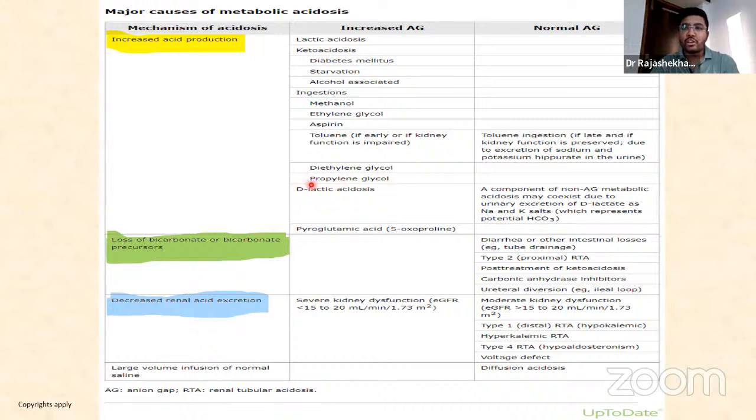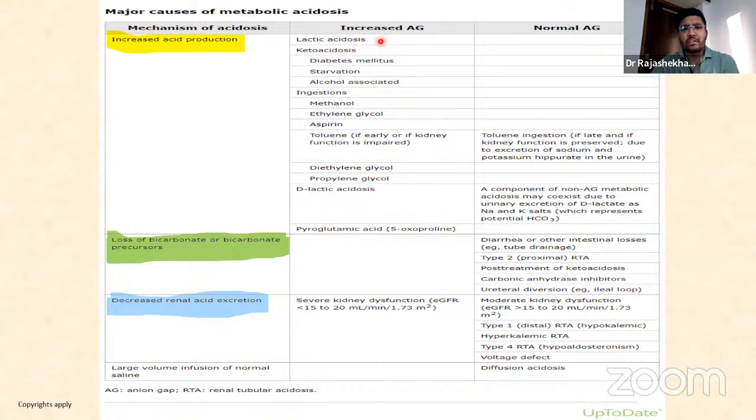So if the patient is on a continuous infusion of any propylene glycol containing injection, you should be careful in monitoring for acidosis. There are many case reports where the cause of metabolic acidosis could not be identified, but later it was found to be a continuous infusion of noradrenaline or propofol, which had propylene glycol in the injection.